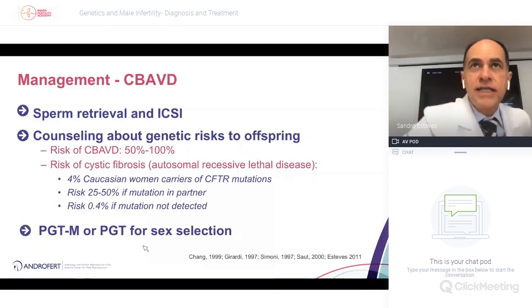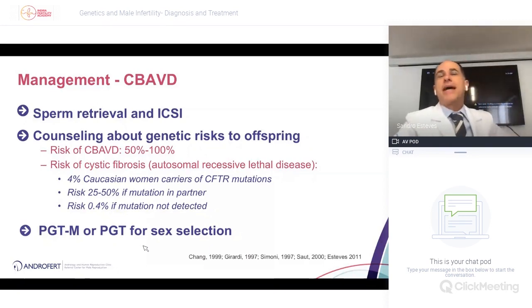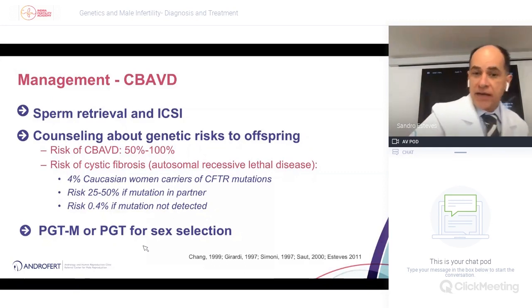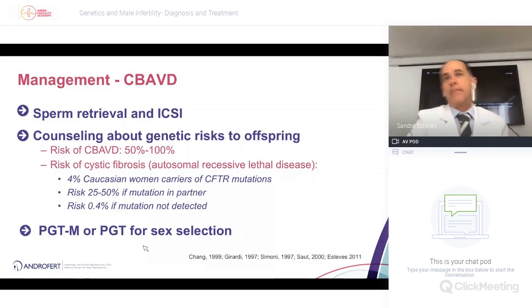I will go ahead and test only the female partner, because if she's abnormal, if she has the mutation, then I need to go back and test the male to plan the treatment, because then I will need to do PGT-M, pre-implantation genetic testing for monogenic disease, or I will need to plan for sex selection to avoid the male offspring.